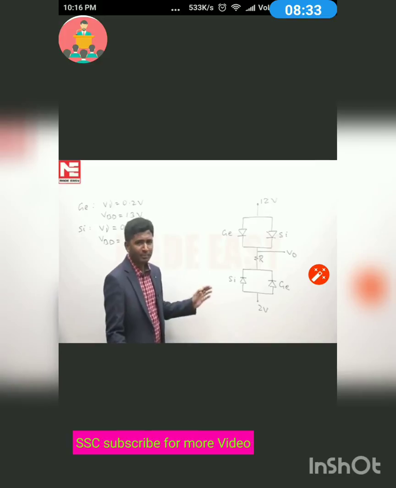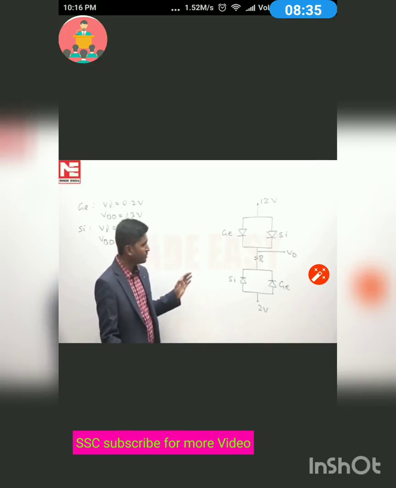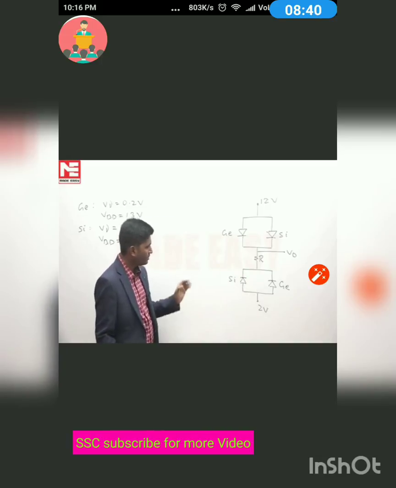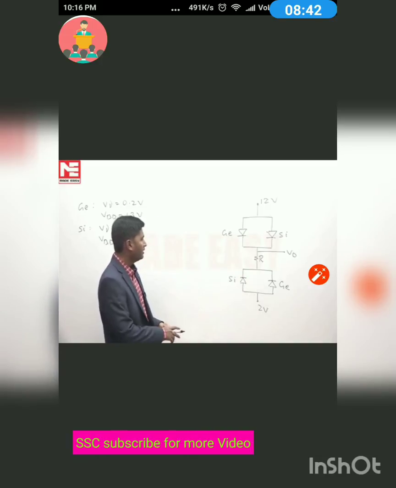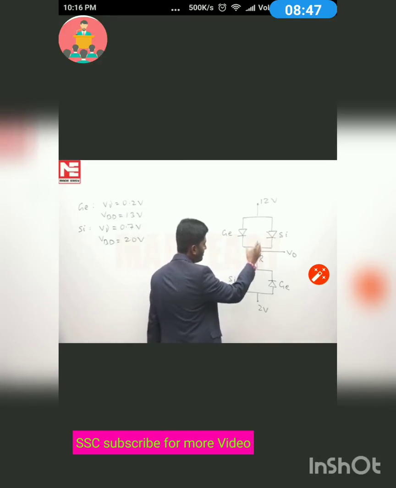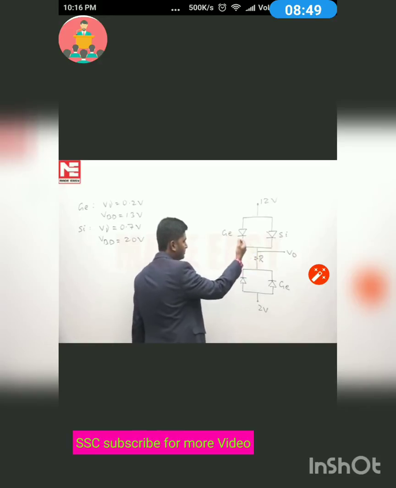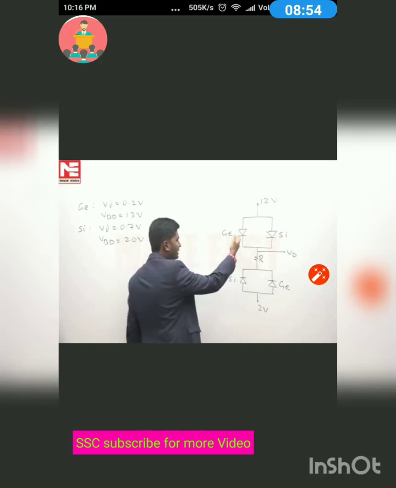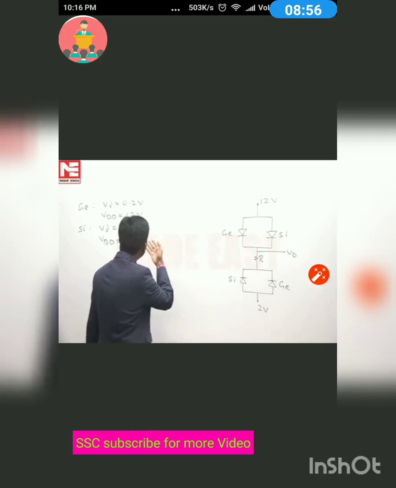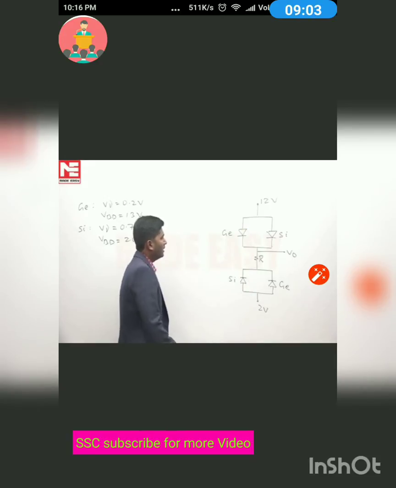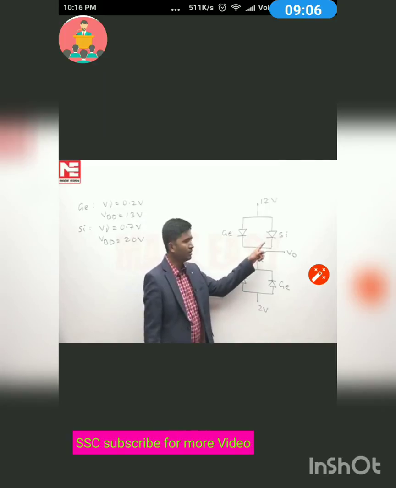This question is based on a diode circuit in which we are supposed to calculate the output voltage. As you can see from the connections, we have a germanium diode and a silicon diode connected in parallel. Because germanium has a lower cut-in voltage of 0.2 volt, the germanium diode will operate in forward bias and 0.2 volt will appear across it, and because of that the silicon diode cannot conduct.